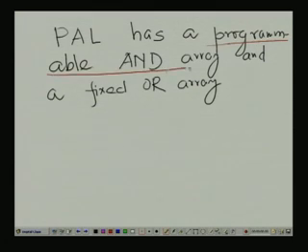So this is a totally reverse thing if we consider the programmability.